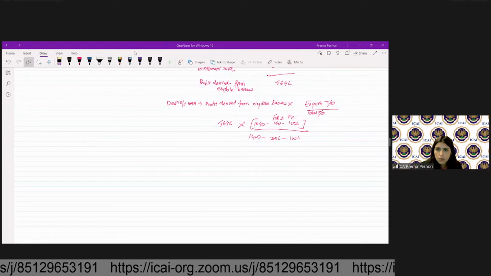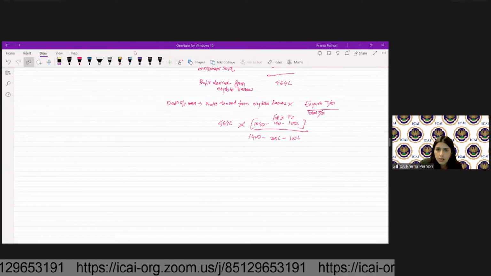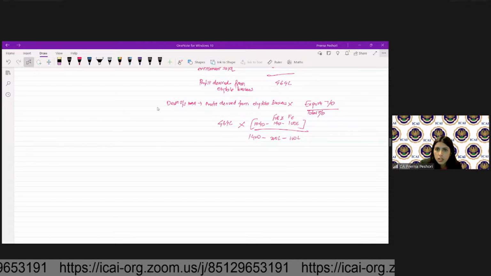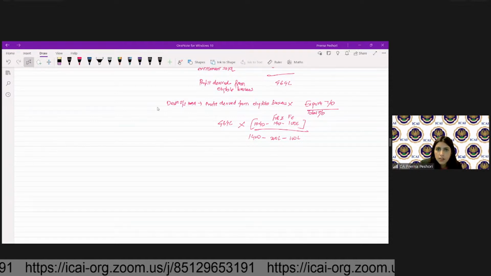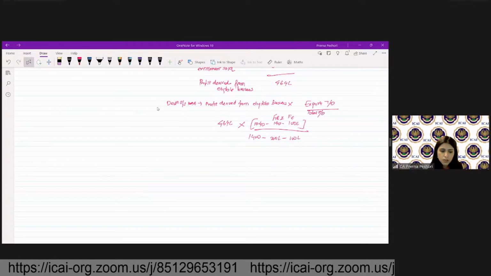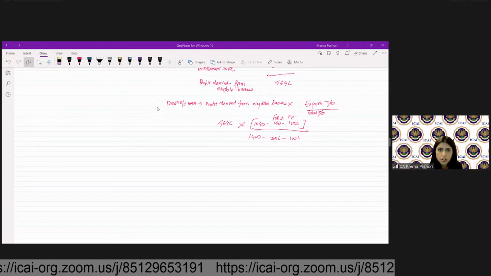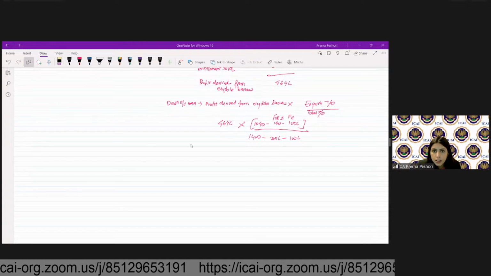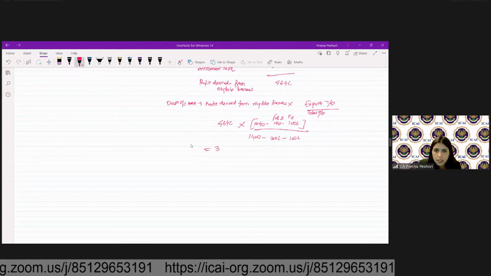So 1040 minus 140 minus 100 is 800, and the denominator comes to 1100. So 464 into 800 divided by 1100, my deduction comes to 337.